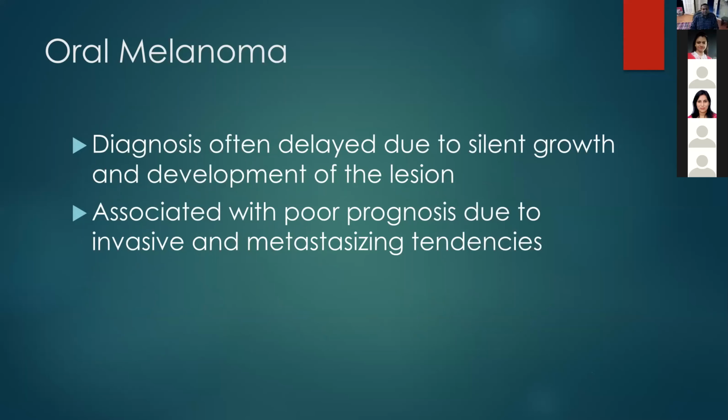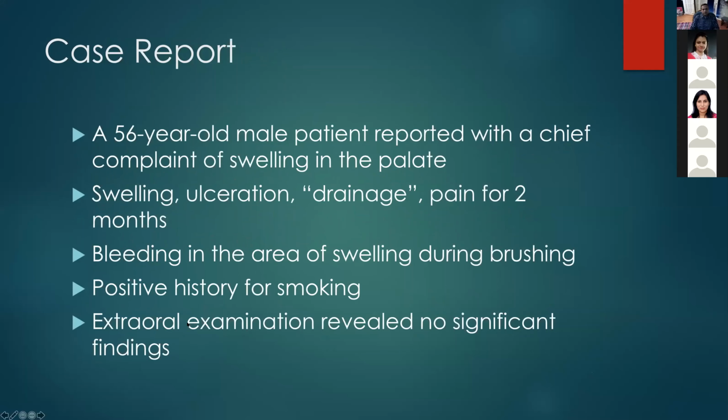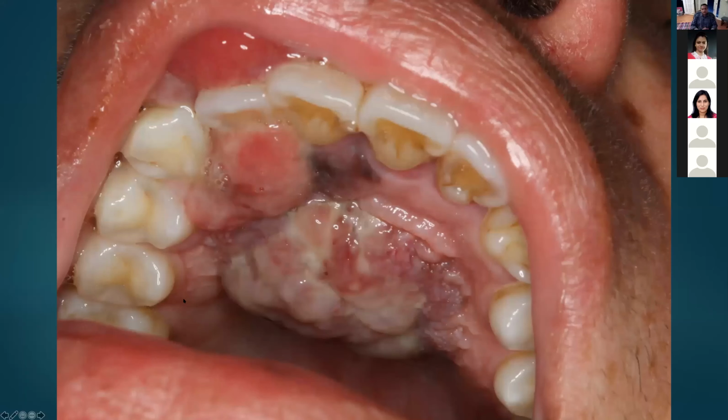Oral melanoma diagnosis is often delayed due to silent growth and development of the lesion, and there's poor prognosis. Okay, so I wanted to show you one of our patients. Patient has an ulceration and swelling of the hard palate, and you can see a pretty ugly ulcerative granulomatous looking lesion that is involving the anterior hard palate.